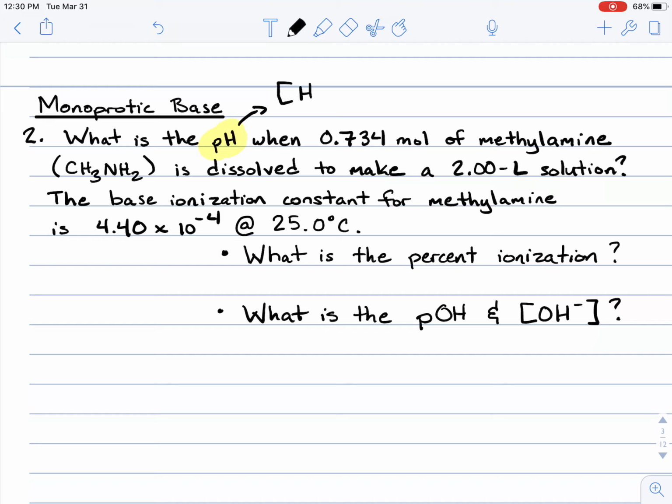You want to determine essentially the concentration of hydrogen ions at equilibrium. And so for us to do that, we need our mass action expression, or equilibrium law.